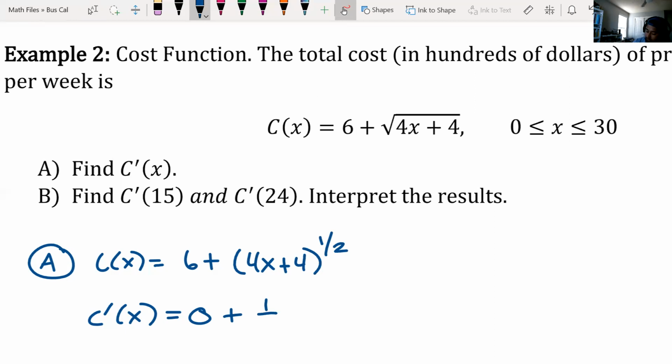So that 1/2 comes down, the inside stays the same, and you subtract 1 from the original power, and 1/2 minus 1 is negative 1/2. That's the derivative of the outside, and then you multiply it by the derivative of the inside, which is just 4.